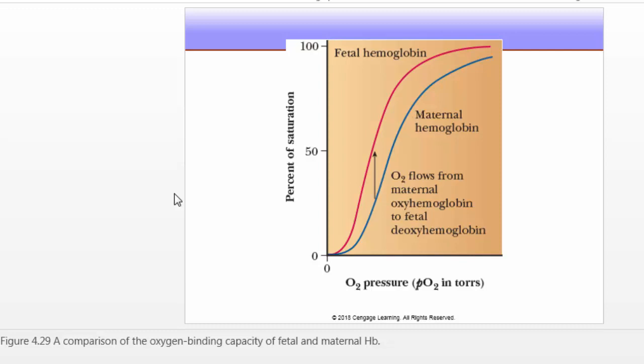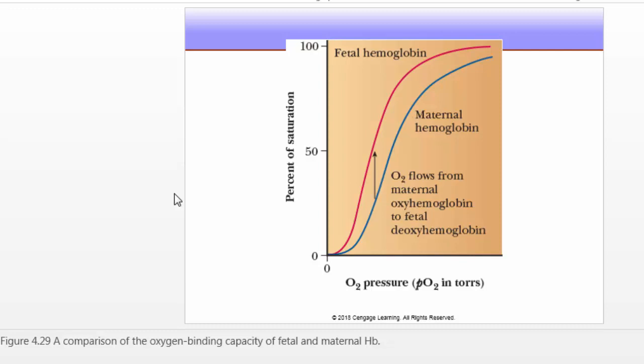The second feature is that hemoglobin F binds less strongly to BPG than does hemoglobin A. In the beta chain of adult hemoglobin, histidine 143 makes a salt bridge to BPG. In the gamma chain, there is an amino acid substitution of serine for histidine.